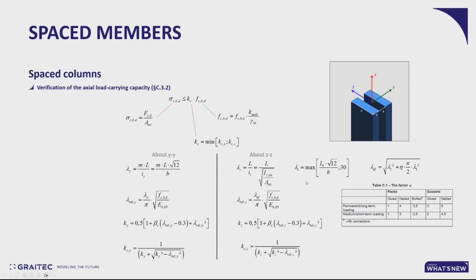And at this point, it's the same process as before. You compute a relative slenderness, a Kz, and a Kc, and you have to retain the minimum of the buckling coefficients. And often it will be the behavior about the z-axis that will be driving the design.